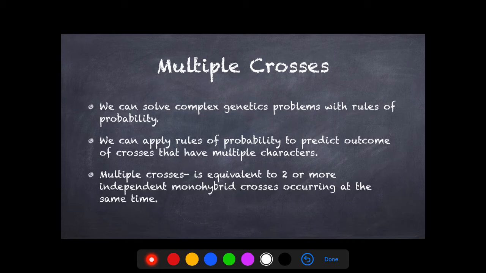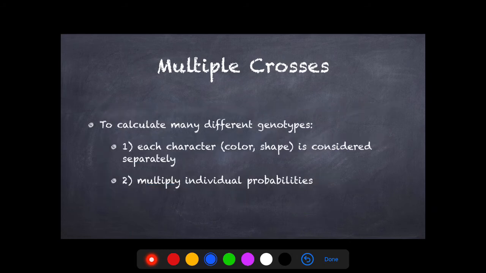But we could have to do genetic crosses that have multiple characters, like they're round and wrinkled, or they're round and yellow, or they're green and wrinkled. And so what basically multiple crosses means is it is equivalent to 2 or more independent monohybrid crosses occurring at the same time. So even though we might have yellow with round, you have to break them apart to look as if they were individual, even though they're occurring at the same time.